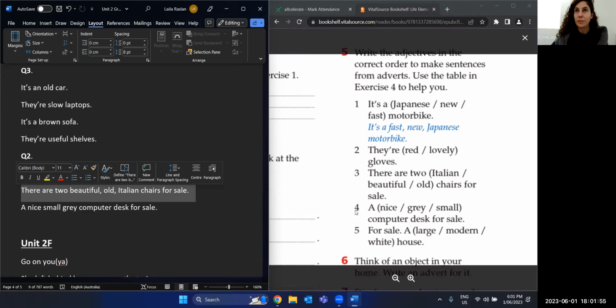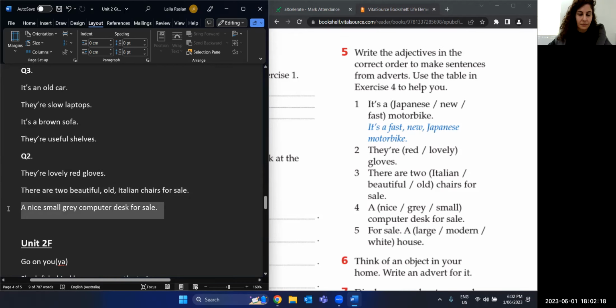Number 4. So the noun is a computer desk. Yes.